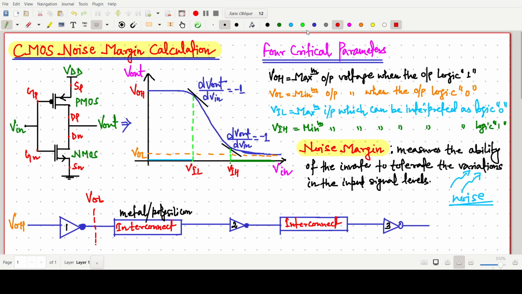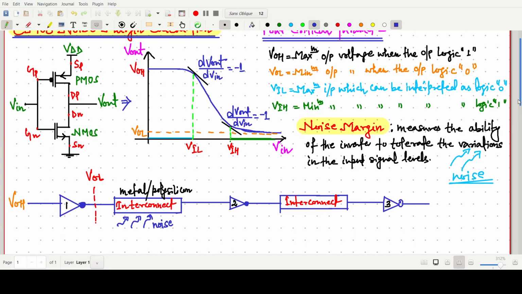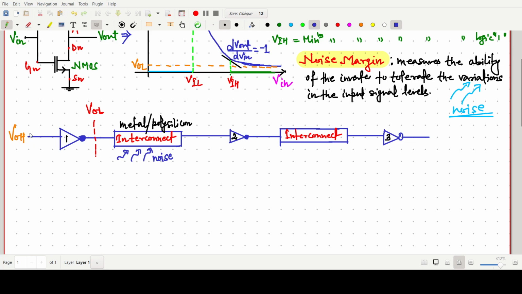Generally it is prone to some noise. If it includes some noise when we are transmitting the input from one inverter to the next, what exactly will it do? We give the output high value at the first inverter input and we get VOL, and at the next inverter stage our output will be high.